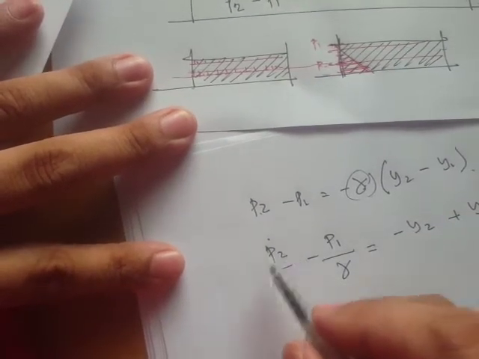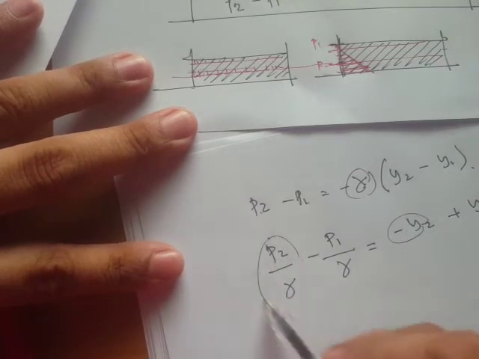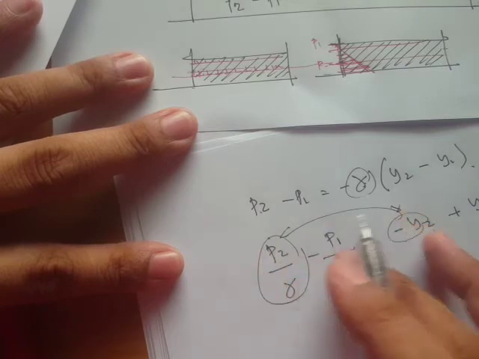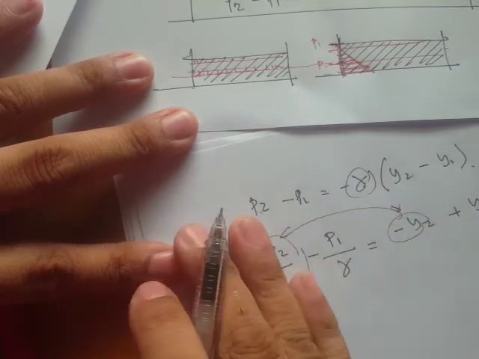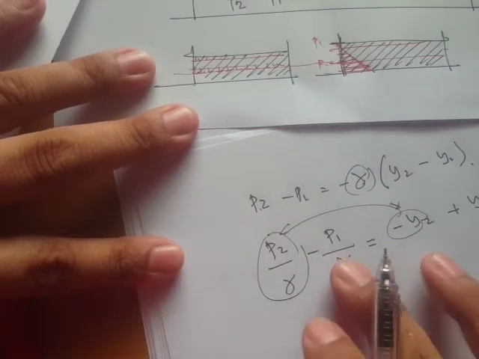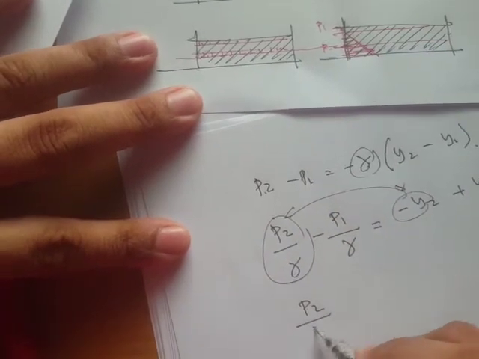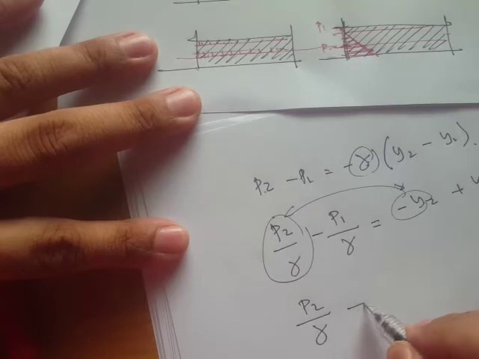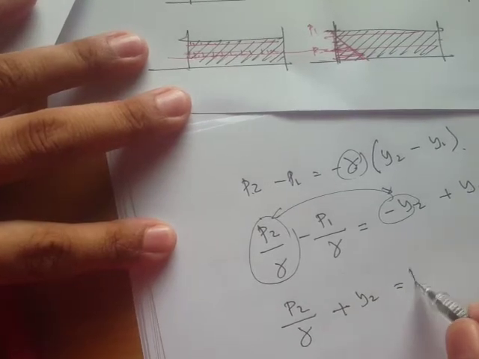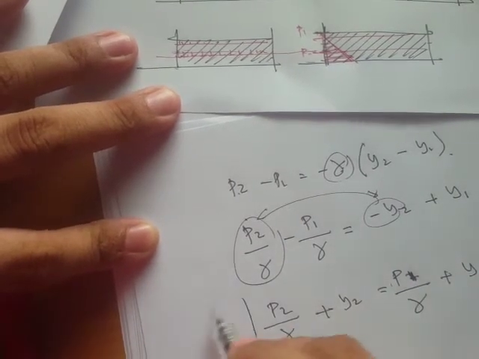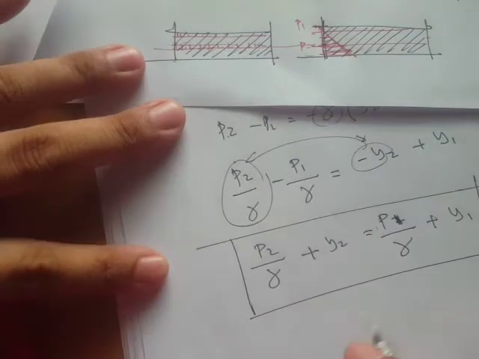Okay, so I'll try to combine the second conditions on the left side and the first conditions on the right side. So p sub 2 over this plus y sub 2 is equal to p sub 1 all over gamma plus y sub 1. Okay, so this is another form.